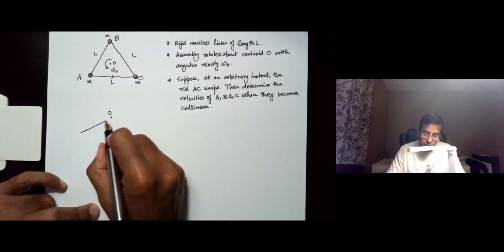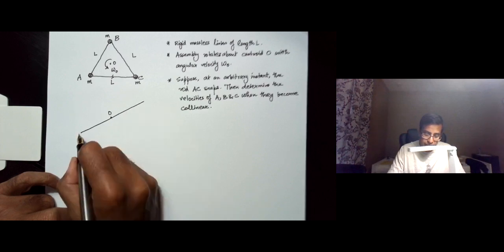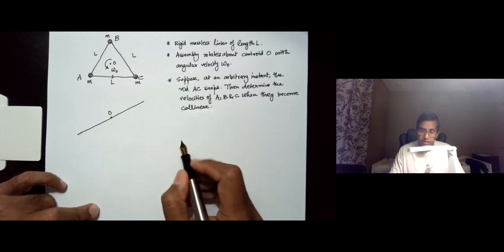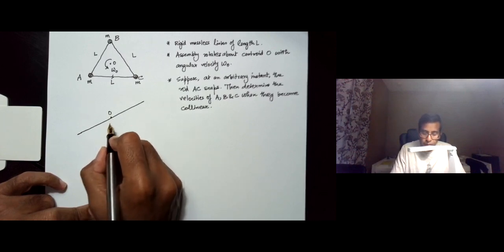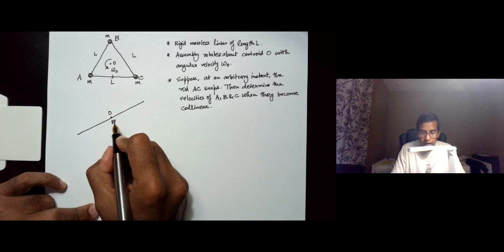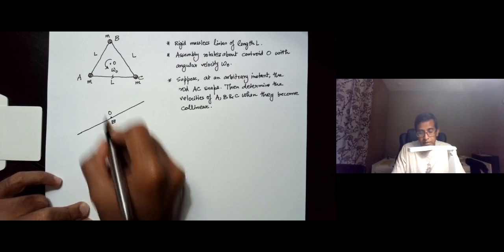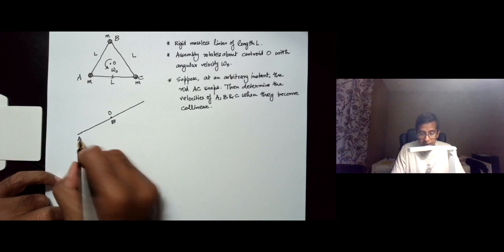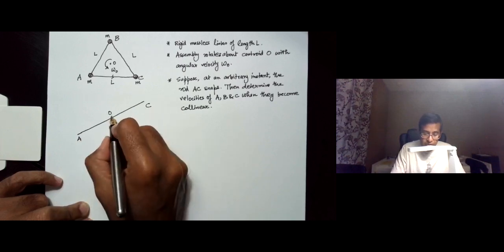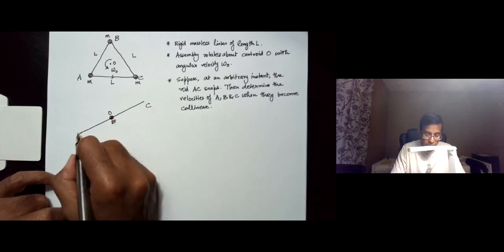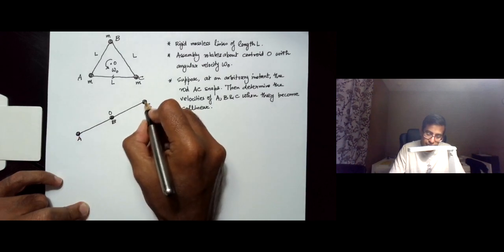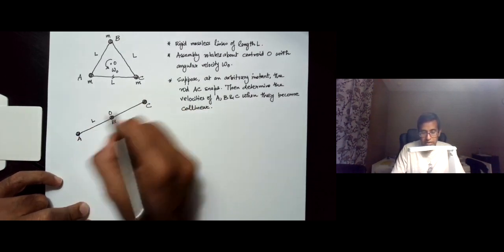The three particles are collinear. What is going to happen is, when they are collinear, they could be either B at the middle, because the rod between A and C snaps, and A and C on the other ends. So this could be one configuration with these lengths L.